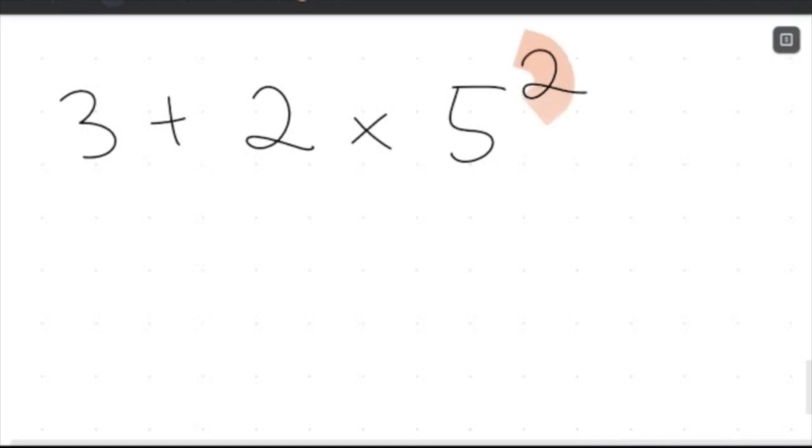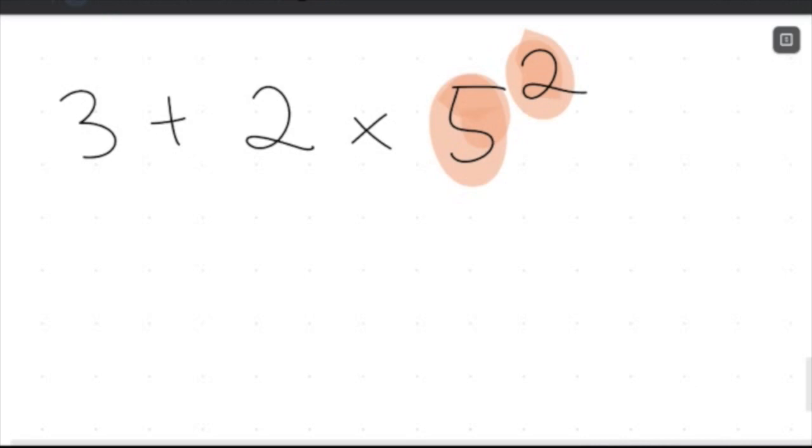3 plus 2 times 4 squared. Let's do a different number. Let's do 5 squared. We want to deal with the abbreviation first, right? We want to deal with the shortcut first.